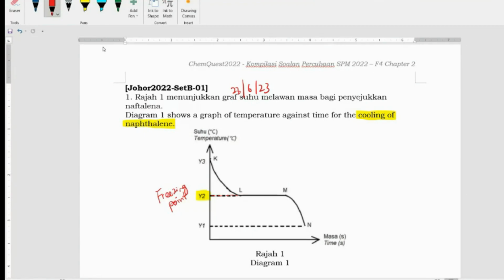Okay, so again, class, from K to L, what is the physical state? Apakah keadaan fizikal dia? K to L. What is the physical state? Trinity. Have a try. KL, what is the physical state?